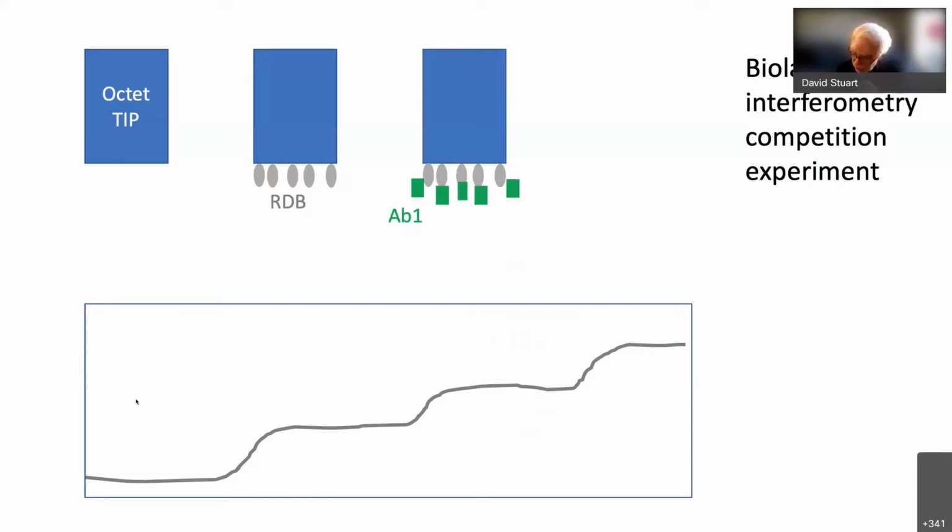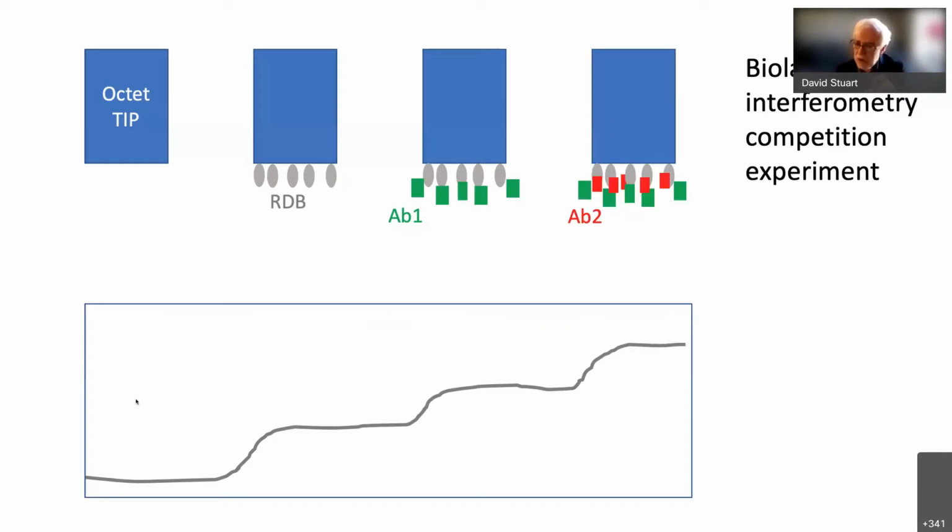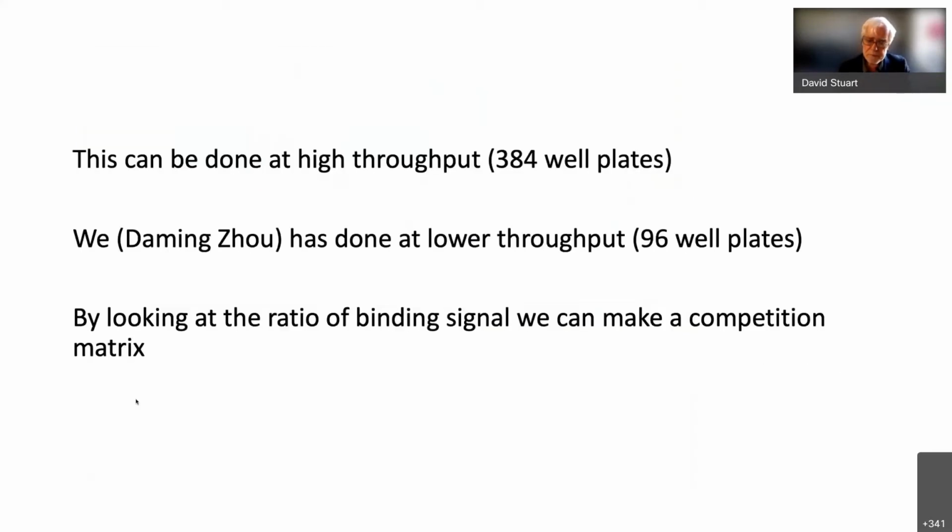If we now go in with a second antibody, we can ask the question, can that antibody bind at the same time as the first one? Because if it can bind, the signal will increase. And by looking at the ratio of these last two signals, we can get a numeric value for the competition between these two antibodies. Now, in principle, this can be done at very high throughput.